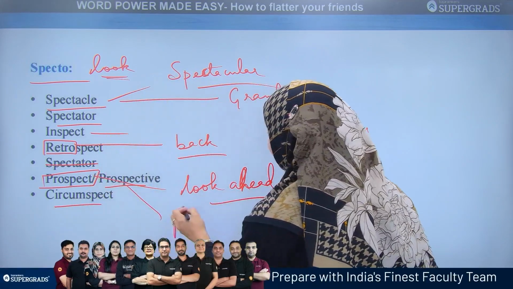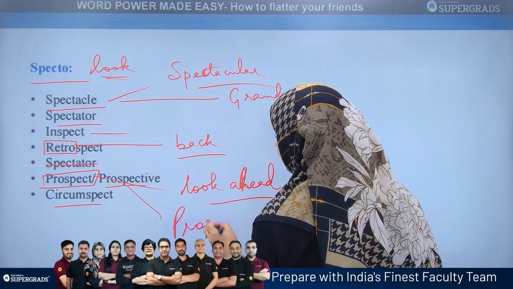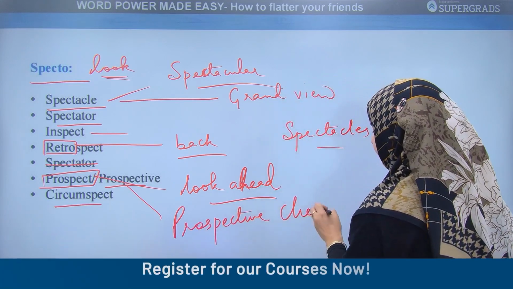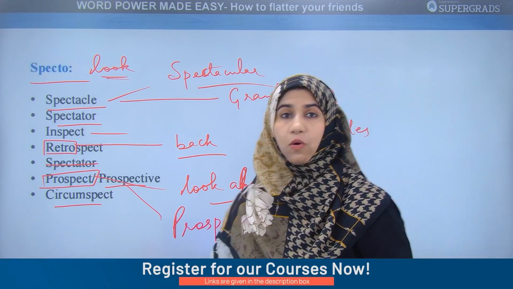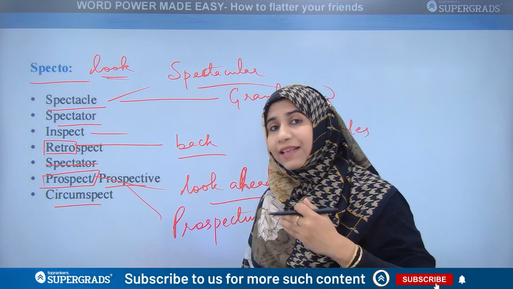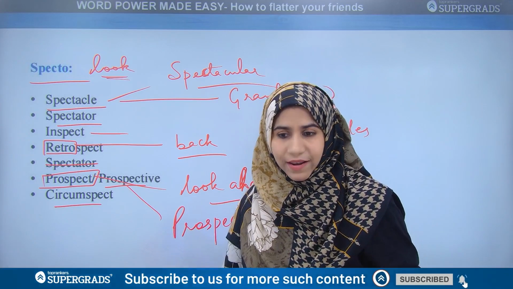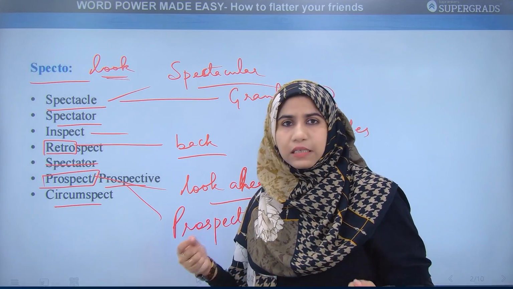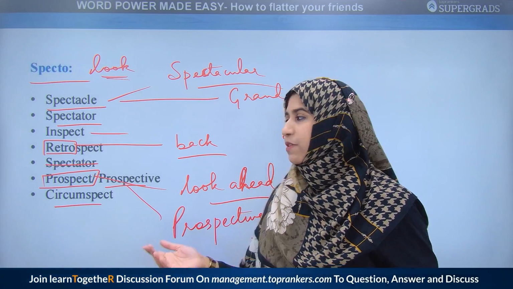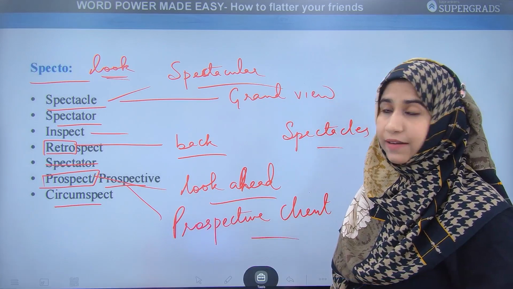So for example, I say, he is a prospective buyer or a prospective client. So he's not currently my client, but as I look ahead, I think he can be my client. Fine, he's interested in this business. So probably we can do business together sometime ahead. So that's the meaning of prospective.